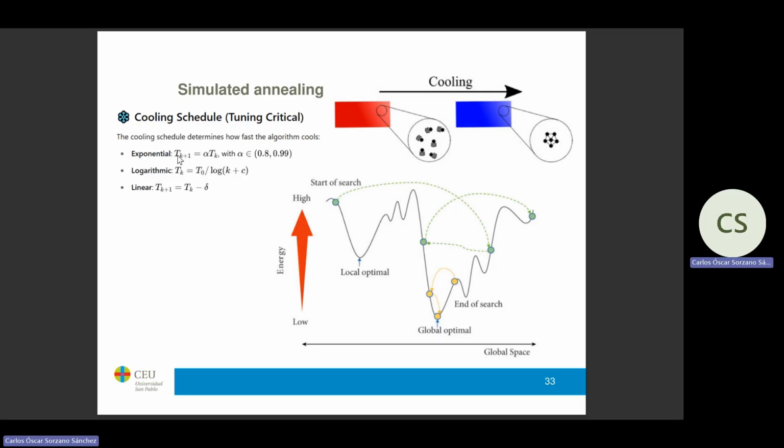And then there are some other rules. There is the logarithmic update, where you start with some temperature and divide by the logarithm of the current iteration, so iteration 1, 2, 3, 4, and so on. Or you decrease by some given amount. So there are different strategies to that.